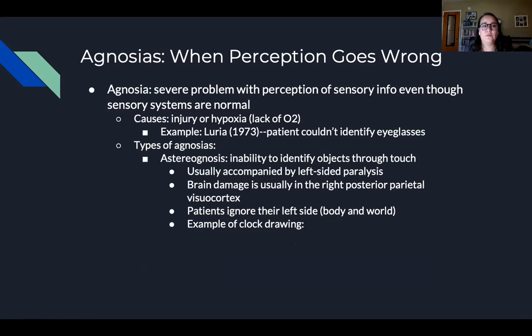When someone is having a perceptual difficulty of some sort, it's called an agnosia. Agnosias involve severe difficulties in someone's ability to perceive sensory information, so to make sense of what's coming in, despite normally functioning sensory systems.